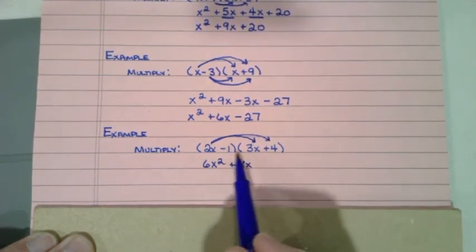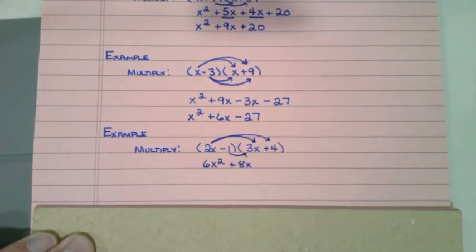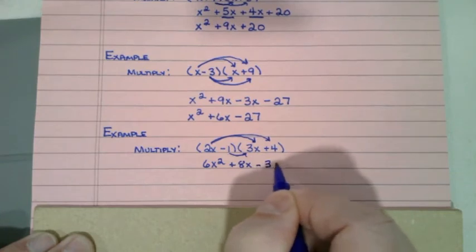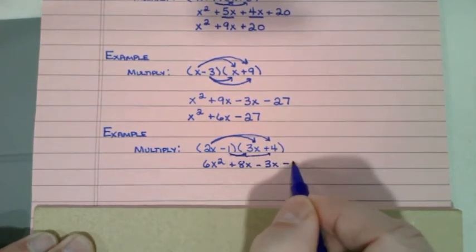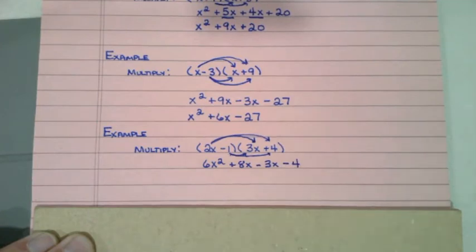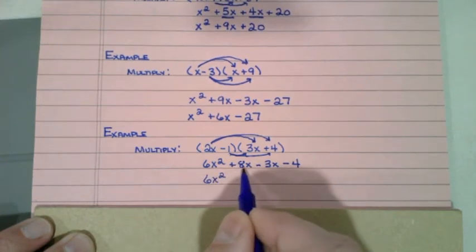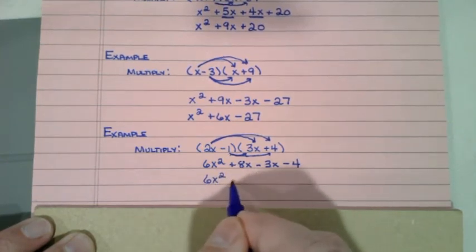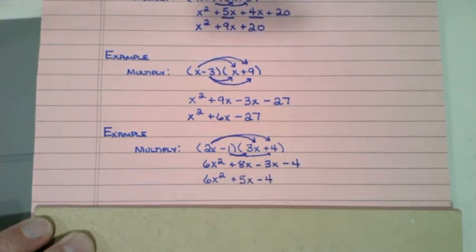Now I need to take this negative 1 and multiply it to each one. Negative 1 times 3x, negative 3x. Negative 1 times 4, negative 4. And usually these middle terms are the ones that you need to combine together. 6x squared, 8x minus 3x, positive 5x minus 4.